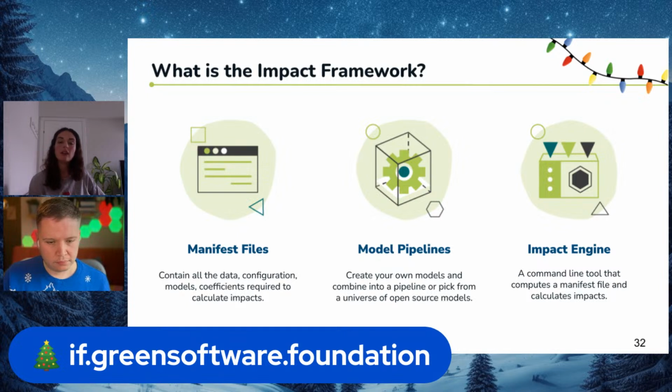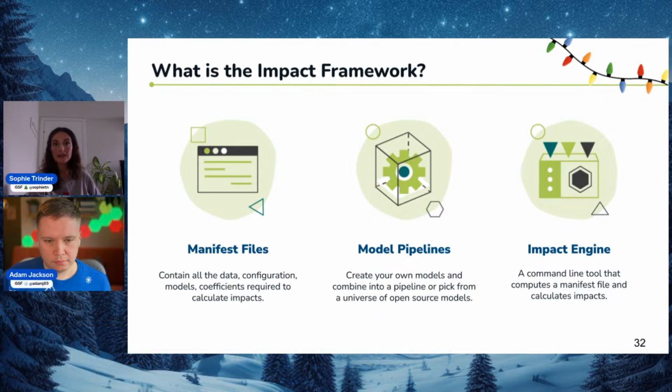And then we have the impact engine. So that manifest file through the impact framework, which is a CLI, calculates all your impacts. And the impact engine uses that SCI specification equation for its computation.